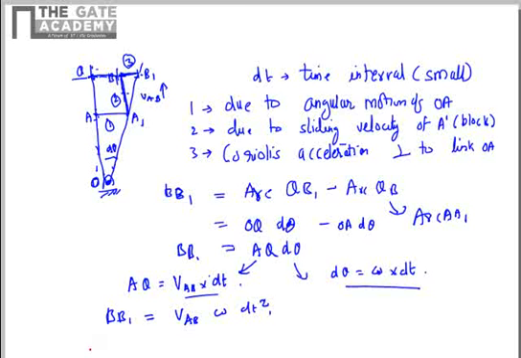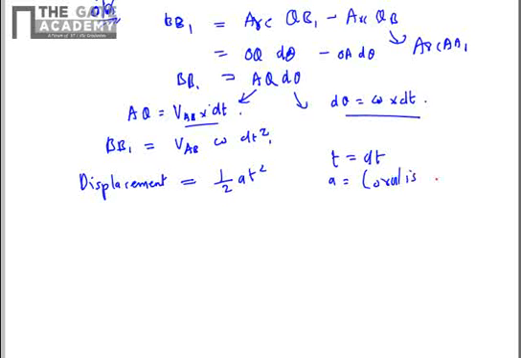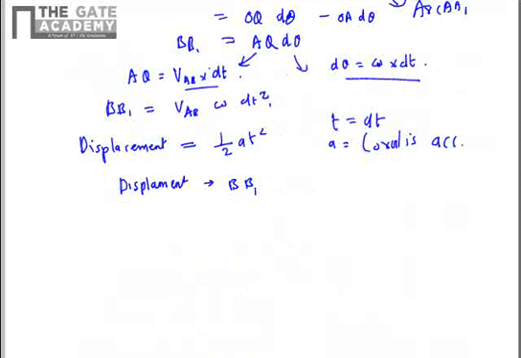Now the acceleration can be used to determine the displacement. For any displacement, the displacement is equal to half a t square. In the present case, t is equal to dt, and a is the Coriolis acceleration, that is responsible for displacement from B to B1, BB1, the third part of the journey here. So equating these two, BB1 is equal to half a t square.